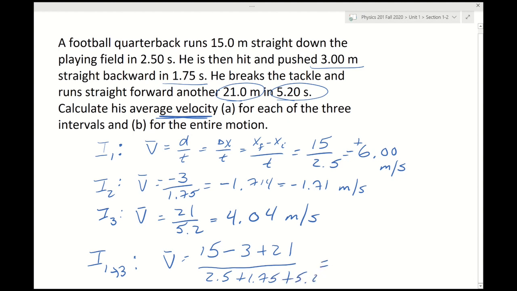So for a total distance for the run, 12 and 21 makes 33 meters in, let me add these up, I don't want to trust myself to do it in my head, 9.45 seconds. Or a total of 3.49 meters per second. Now notice all of these are 3 significant digits, so all of our answers should be 3 significant digits.